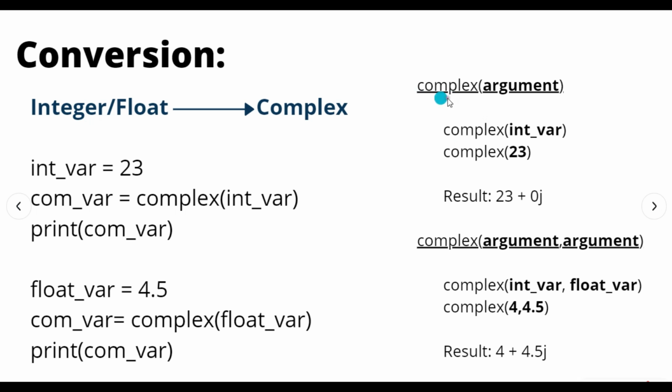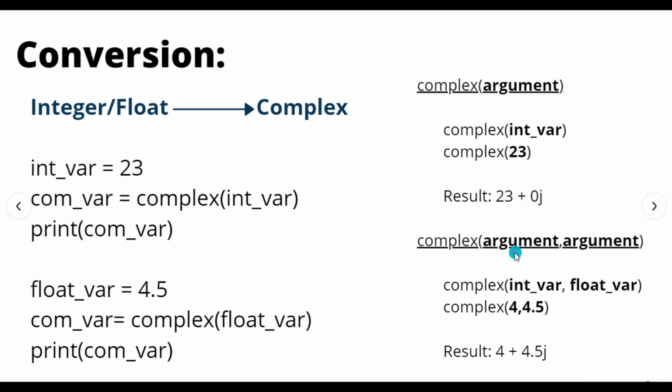Here we have two cases: when you pass a single argument and when you pass a double argument. When you pass a single argument, you can pass an integer value or a float value, and that will be the real part, that is 23 plus 0j.